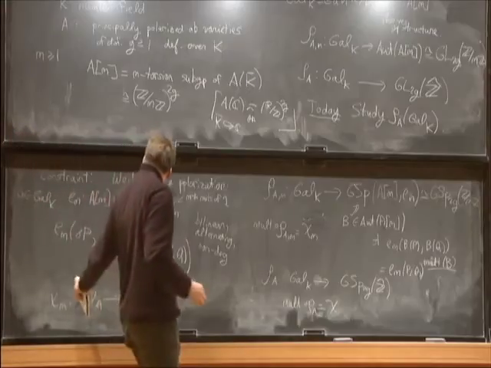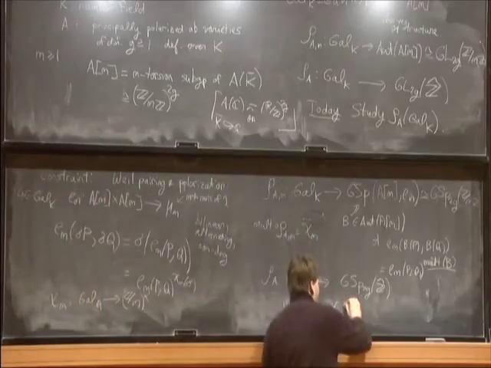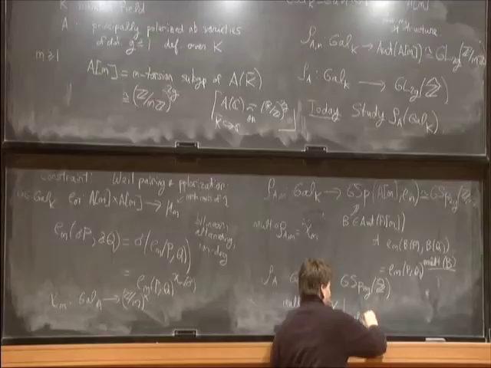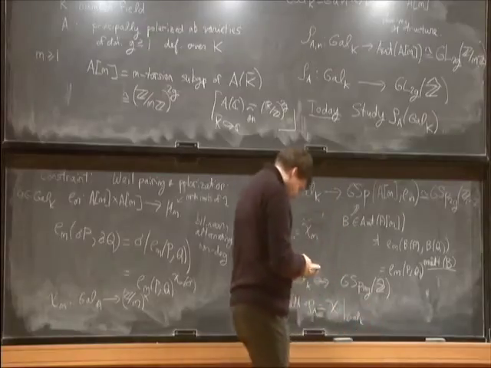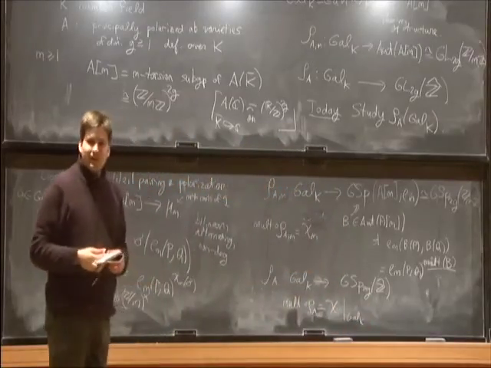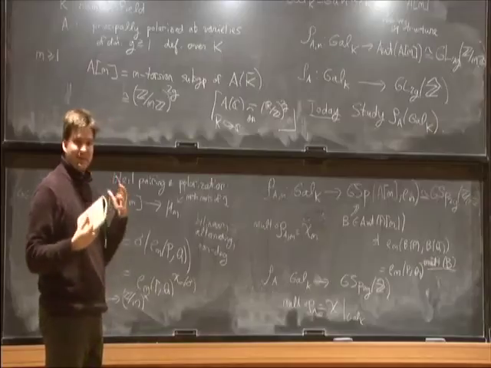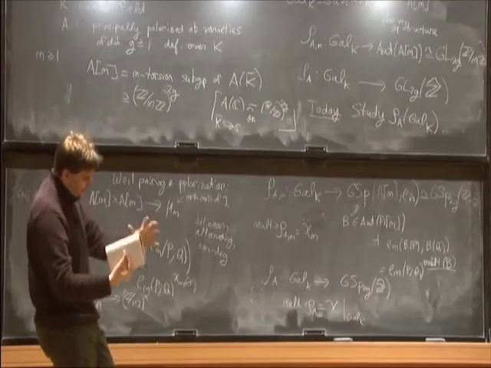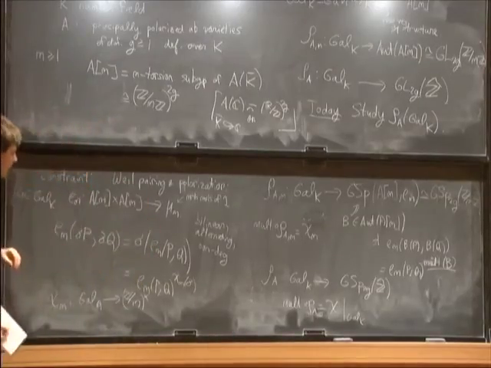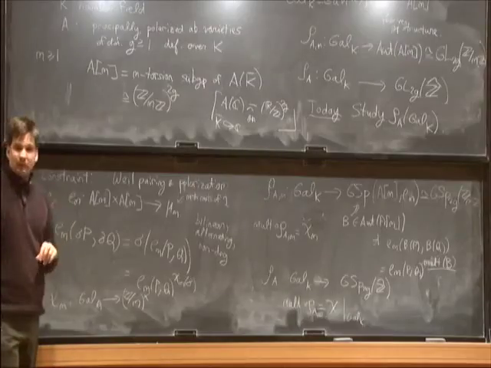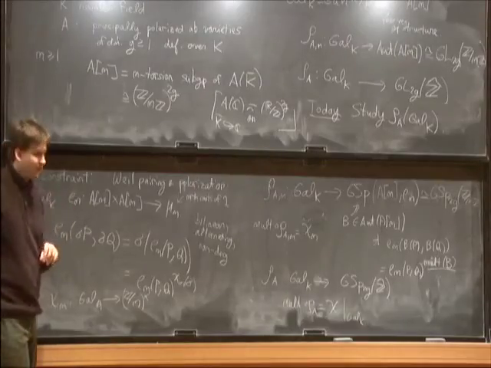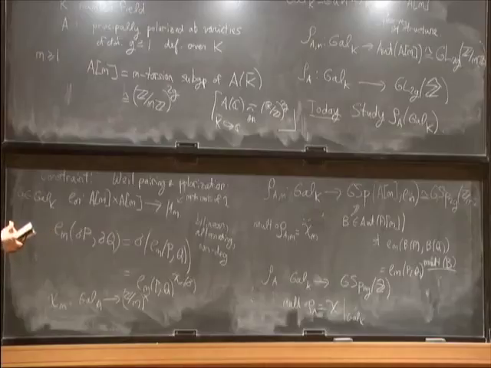And maybe I should, since this is Galois over Q, be more precise: restriction to Galois over K. So for abelian varieties, you can look at their torsion points and try to understand the Galois action. There's one obvious constraint coming from the Weil pairing. And the question is, are there any others?